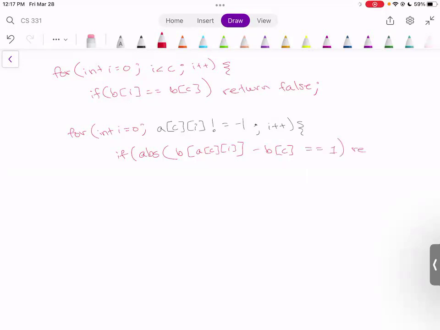The absolute value takes care of if it's going to be 1 in the positive direction or 1 in the negative direction. Then I return false, it's unstable. Then I just return true if it's able to get past those two for loops.